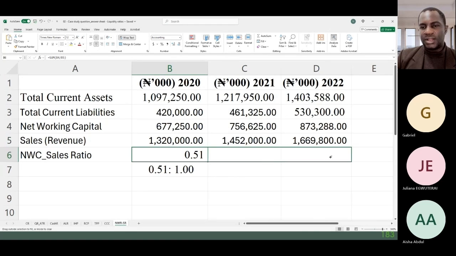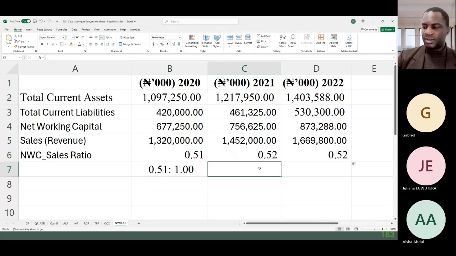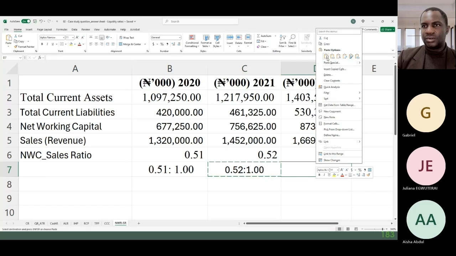So let me do that of, okay. So we have 0.52 is to 1.00. So we have almost the same thing for 2021 and 2022.